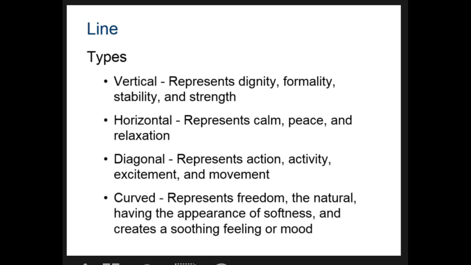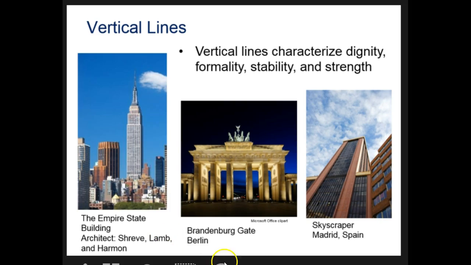There are different kinds of lines: vertical, horizontal, diagonal, and curvy. And each one gives a different feel when you look at that kind of item. For example, vertical lines show dignity and formality. If you look at these buildings with these vertical lines, they look very formal.